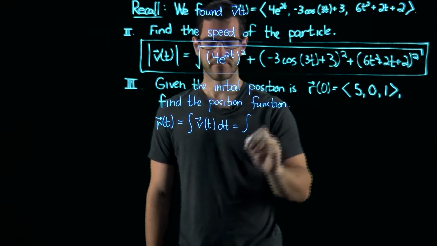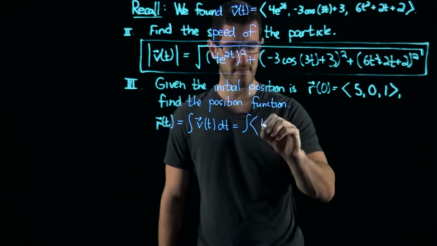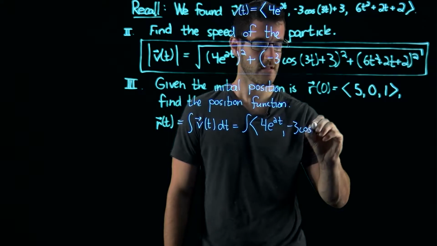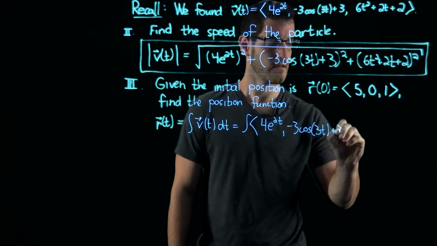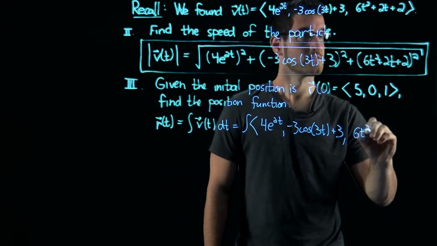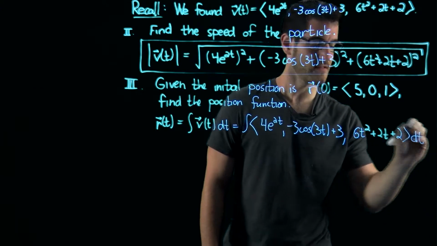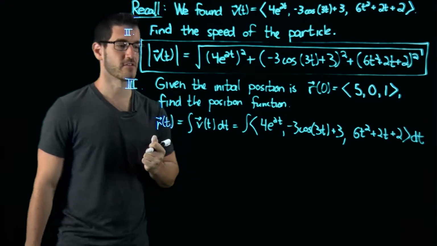And as we have written above, the velocity is given by this function. So all we have to do to find the position is going to be to integrate this vector valued function that I just wrote down.